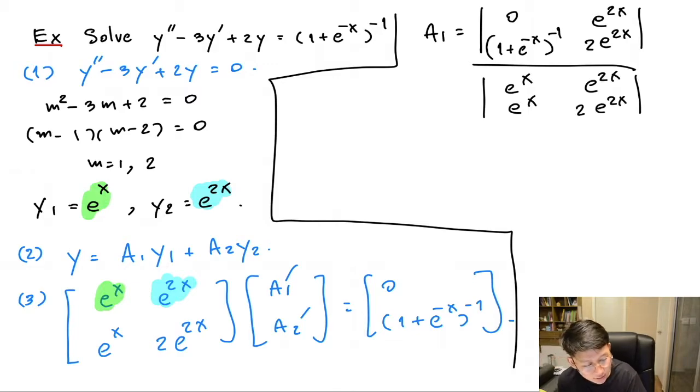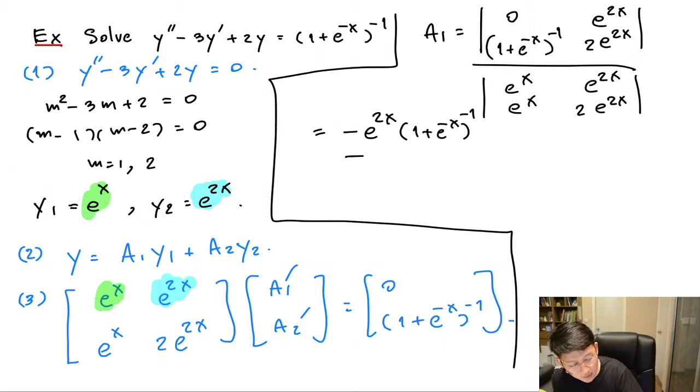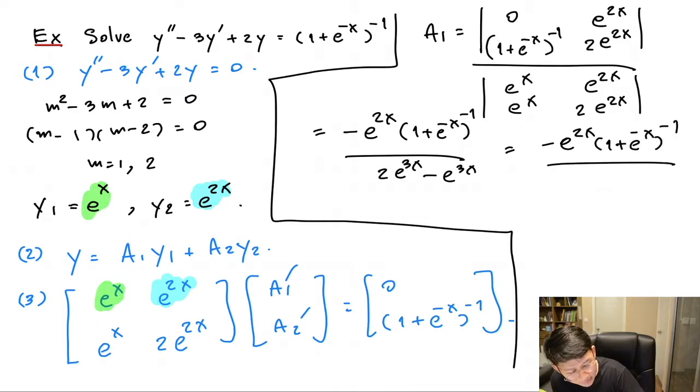That is minus e to the 2x times (1 plus e to the minus x) to the power of minus 1, divided by 2e to the 3x minus e to the 3x, which is e to the 3x. Basically I just compute the determinant, and here it cancels out, leaving e to the x.